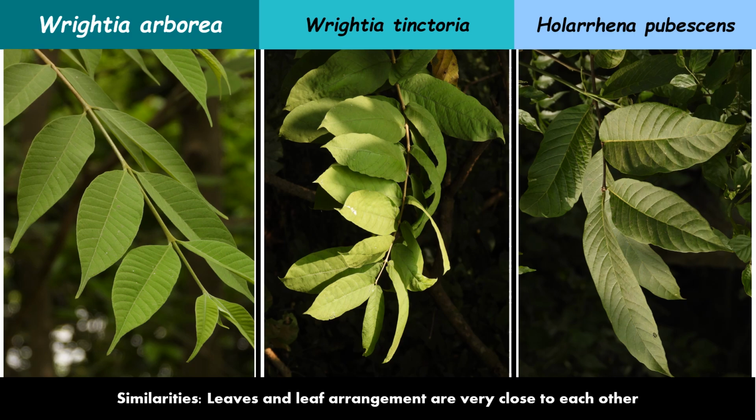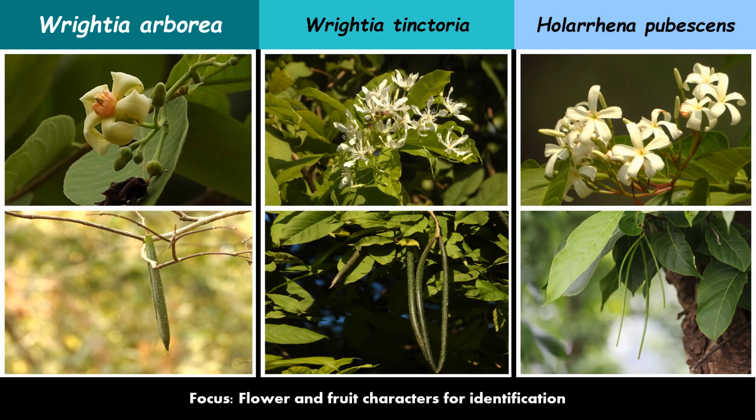Here you can observe the flower characters are completely different. Flower and fruit characters are used for identification. Fruit also you can observe in Ratia arborea, single, Ratia tinctoria, and Ratia pubescens. Flowers are foliated in Ratia tinctoria.